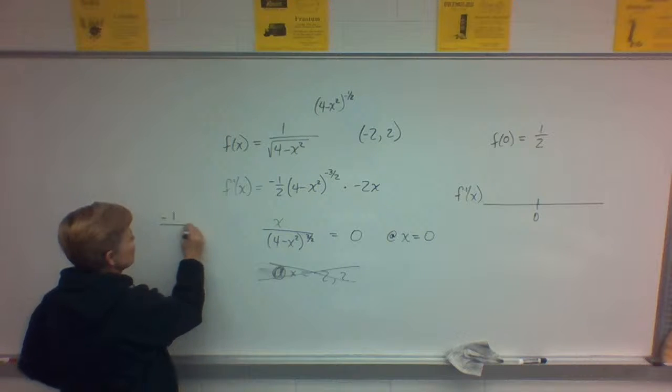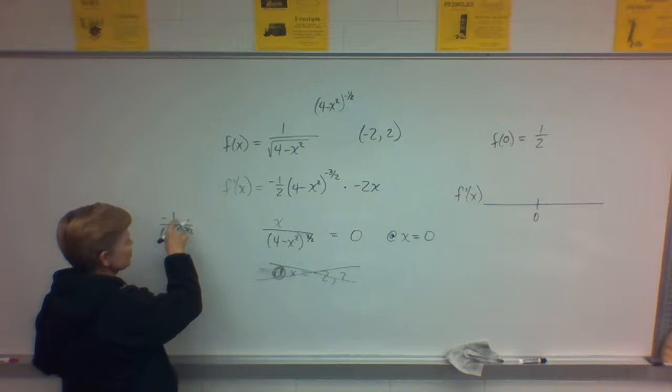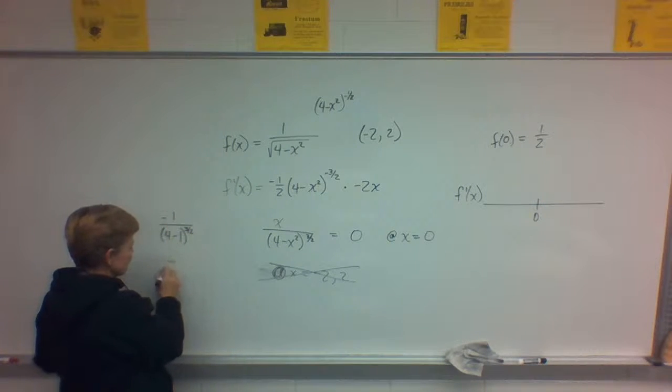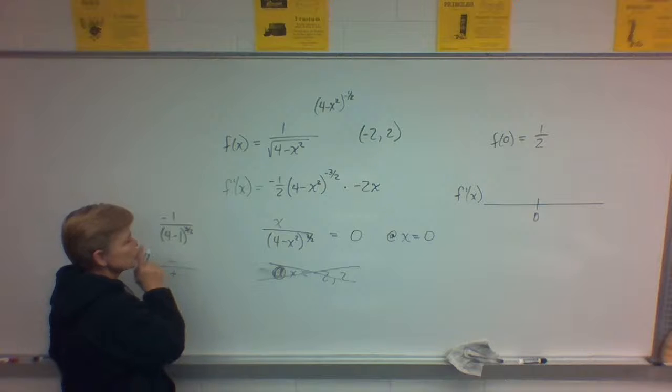You get -1 over 4 minus 1, because we're squaring a negative, to the 3/2. The numerator is negative, and the denominator is 3 to the 3/2, which is positive. I'm not interested in the actual values, only the signs.